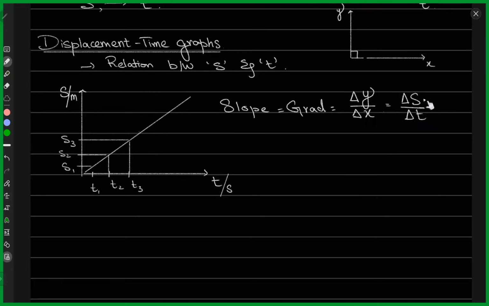Now, this just means a later quantity, maybe s2 minus s1, right? So that's the change in s, the difference between these two values, divided by the corresponding change in time. So for S2 you'll have some T2, and minus for S1 you'll have some T1.